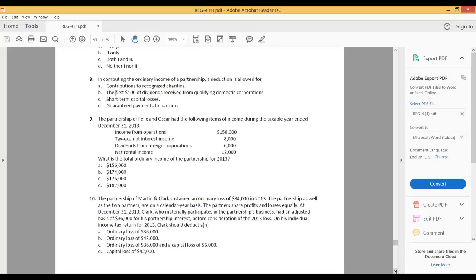So how is that calculated? What is Clark's basis here? $36,000. Okay.